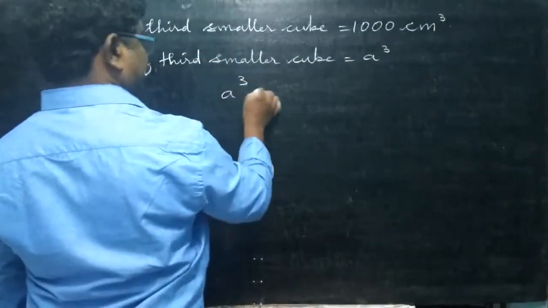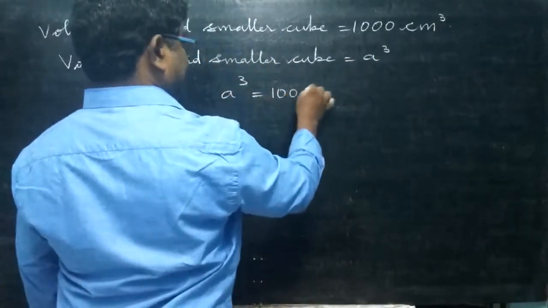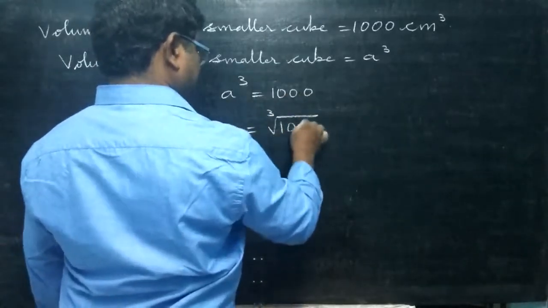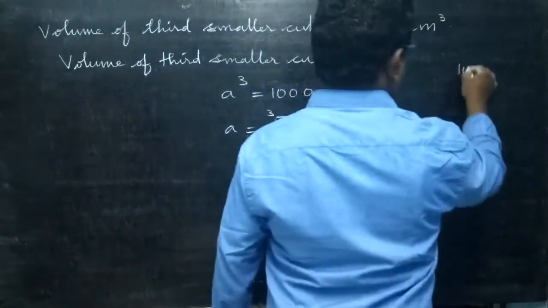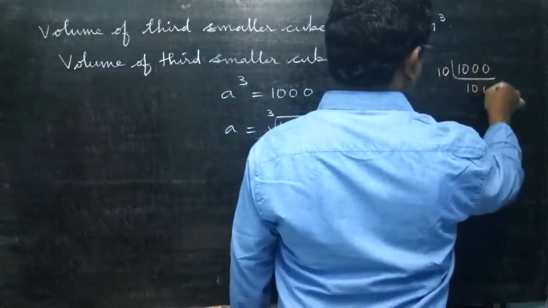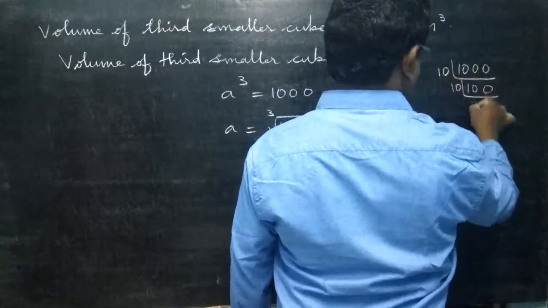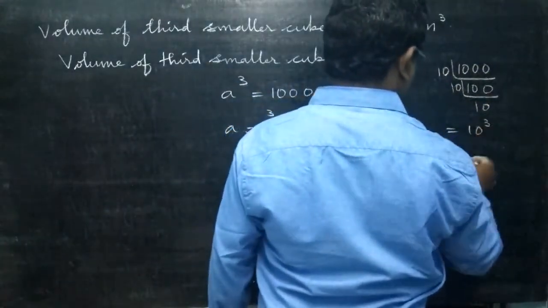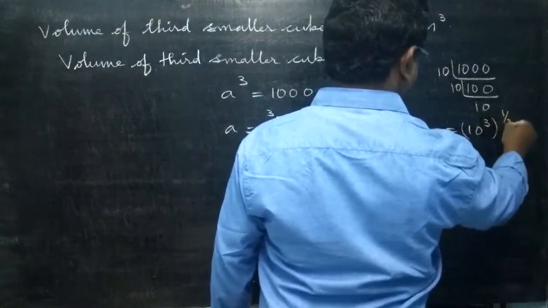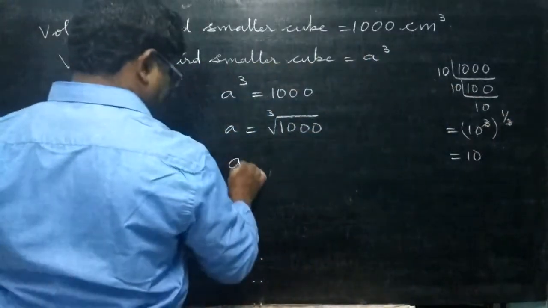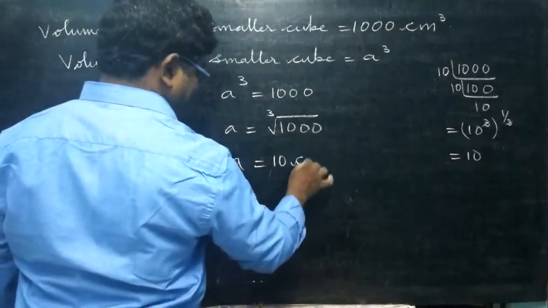So a cube is equal to 1000. A is equal to cube root of 1000. Now find factors. 10 table directly you take. 10 tens are 100, 10 cube we got. Cube root of 3 cancels, 10 will come. So a is equal to 10 centimeters.